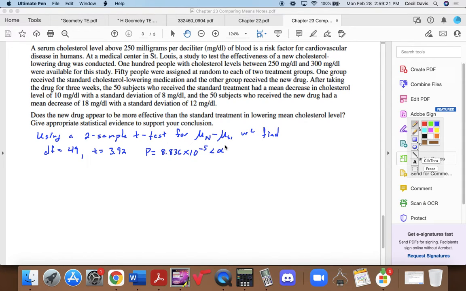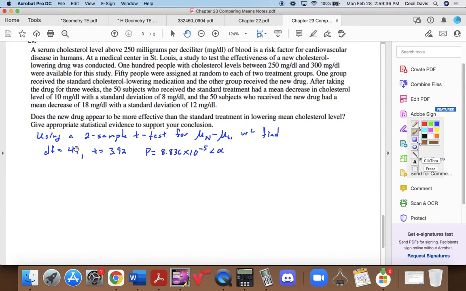I got 85.37 for my degrees of freedom. I did too. My p is 8.83566 times e to the negative 5. Mine's 0.999. You probably did it the other way.